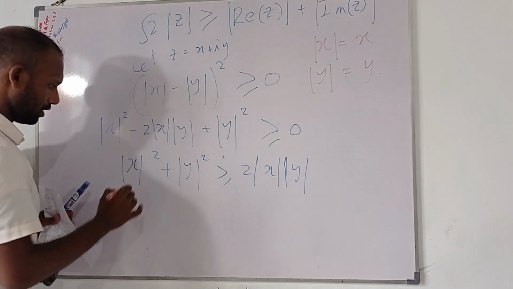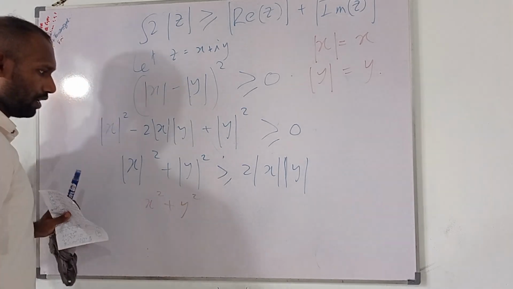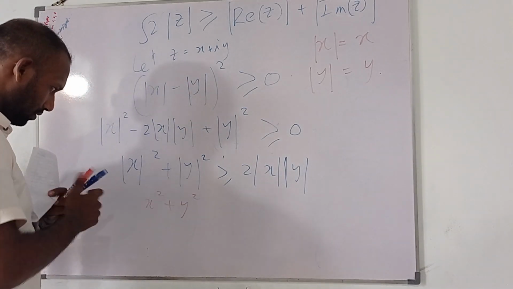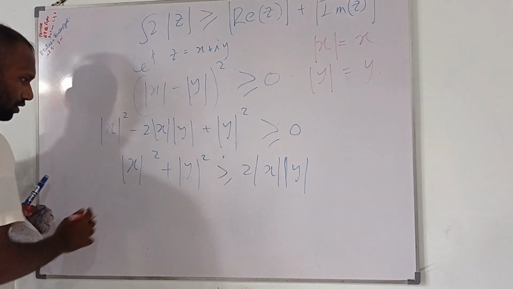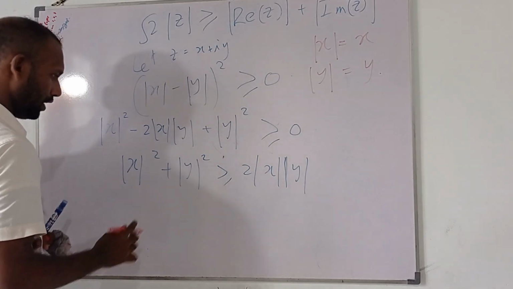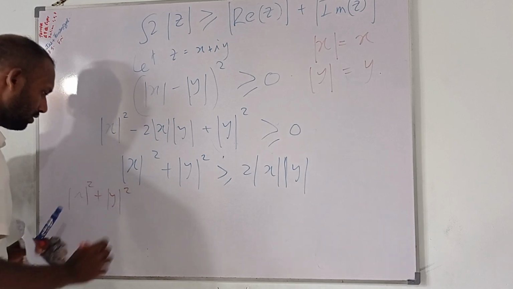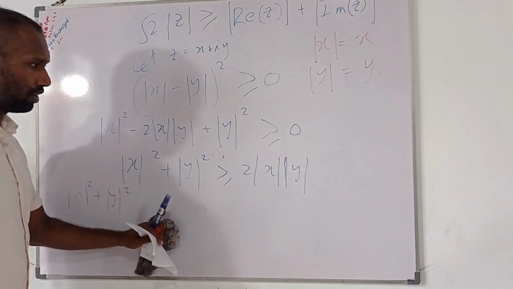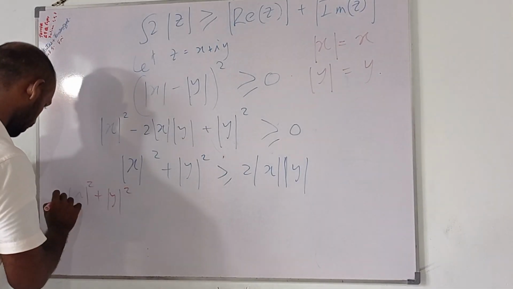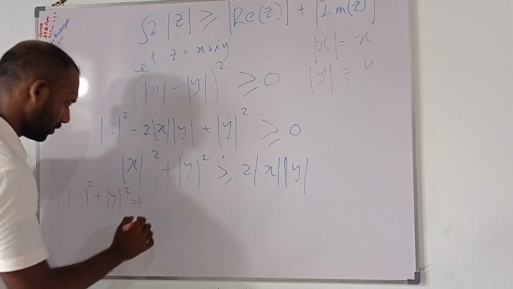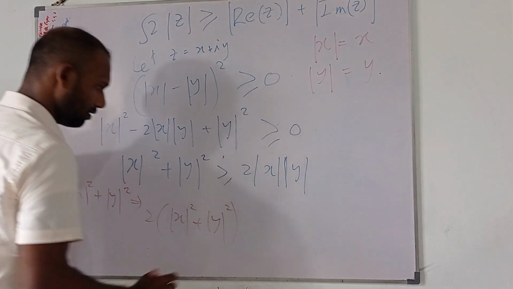So this can be written as x squared plus y squared. Sorry. So we add x squared plus y squared on both the right hand and left hand side. Two times x squared plus y squared.